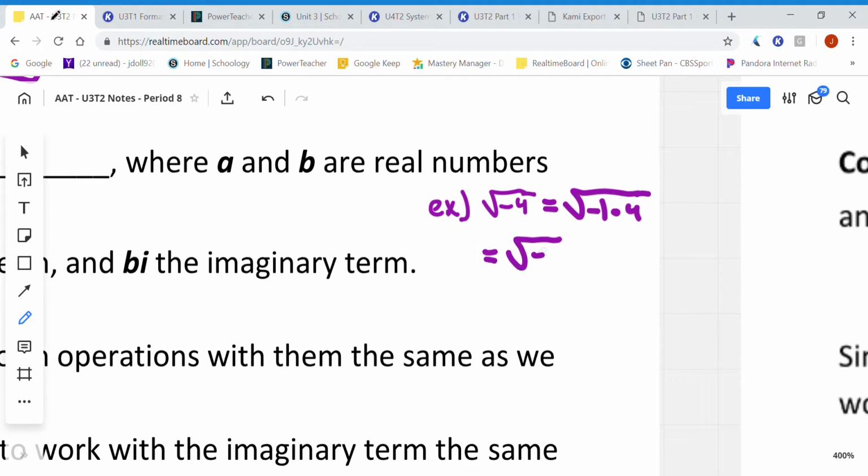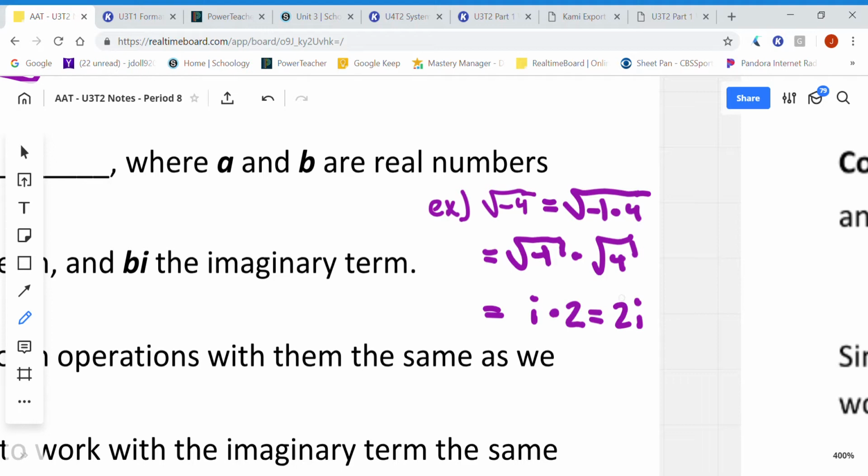So this becomes the square root of -1 times the square root of +4. Well, the square root of -1 becomes the number i, and the square root of 4 becomes 2. Right? And so what we have here is that the square root of -4 is actually 2i.